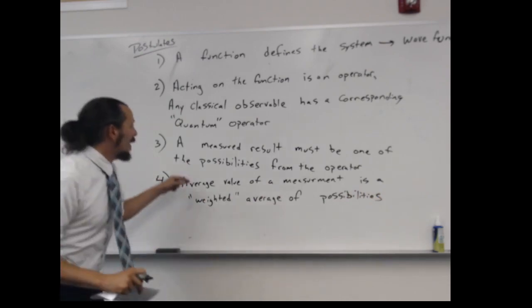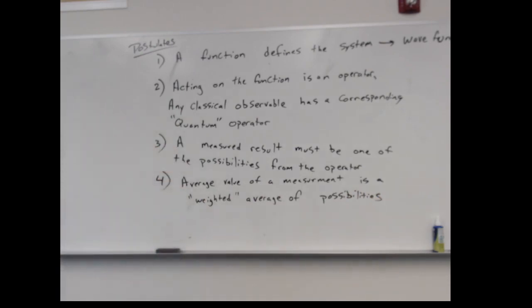We've got certain measurements that are possible. Each measurement might have a different likelihood of happening. And so if we want to get an average, we're going to take a weighting of those possibilities. And I have an example for us to think about to make sense of this with rolling dice.